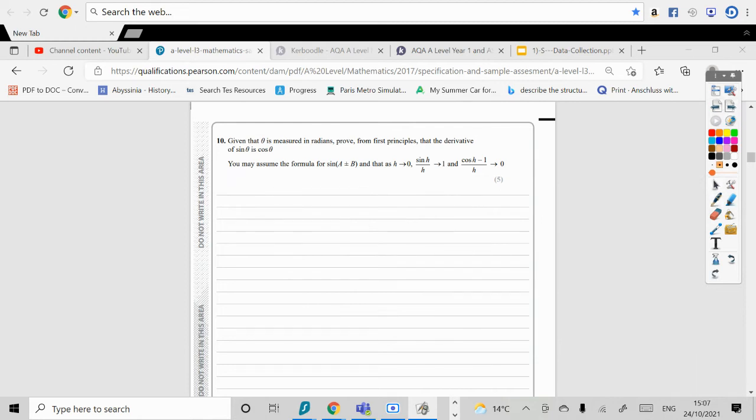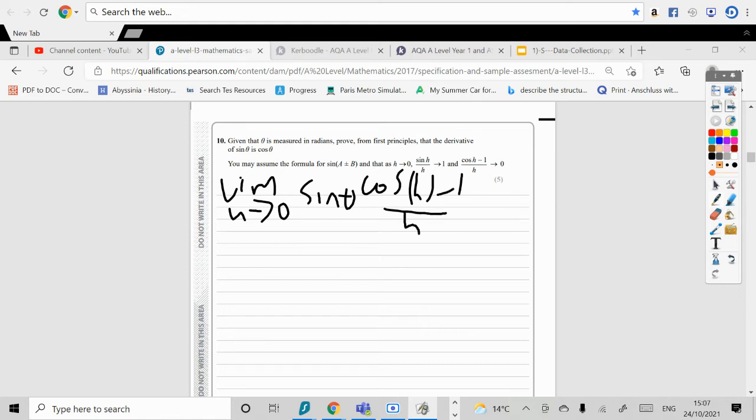Okay, moving on. So we've still got a limit as h will tend to 0 of sine theta. Now we have to multiply that by cosine of h minus 1 over h, as we know that will tend to 0, plus, so break it into two limits, as h tends to 0, of cosine theta times sine of h over h.